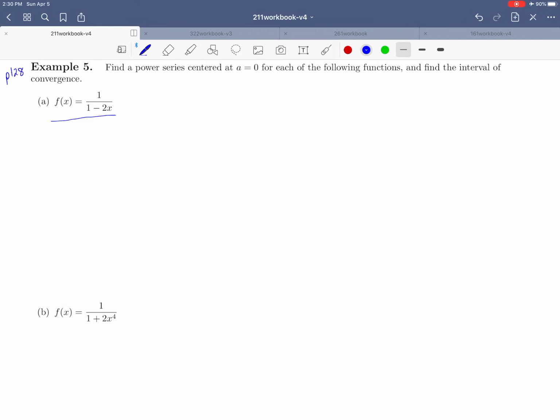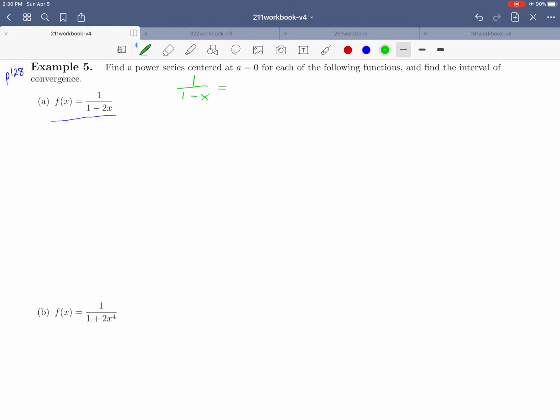And when you're looking at the structure of 1 over 1 minus 2x, take a second to look back at the box on page 127 and see if there's a power series expansion that might be helpful. You may have found that 1 over 1 minus x has basically the same structure as the function that we are interested in.